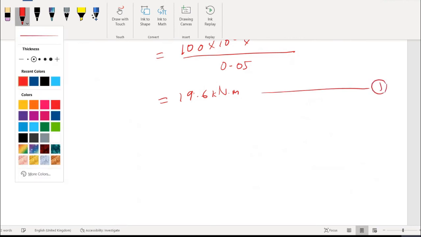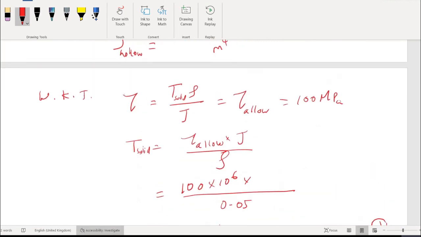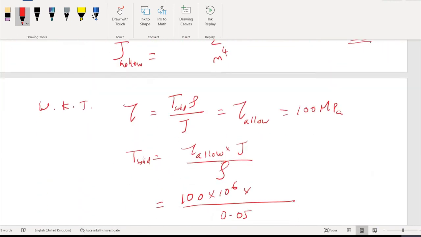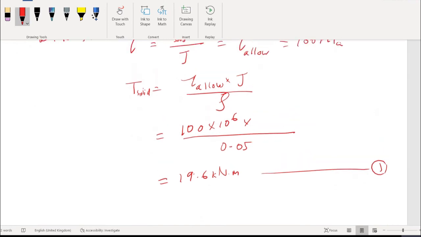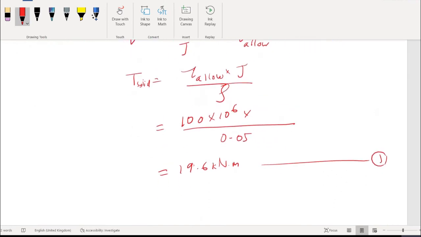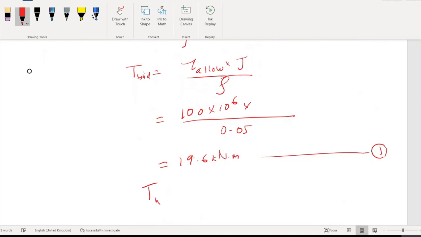We can work out the torque for the hollow shaft. The first one we found already, T solid. I use the same formula, and T hollow will be equal to tau allowable, the same allowable stress, times J, the polar moment.